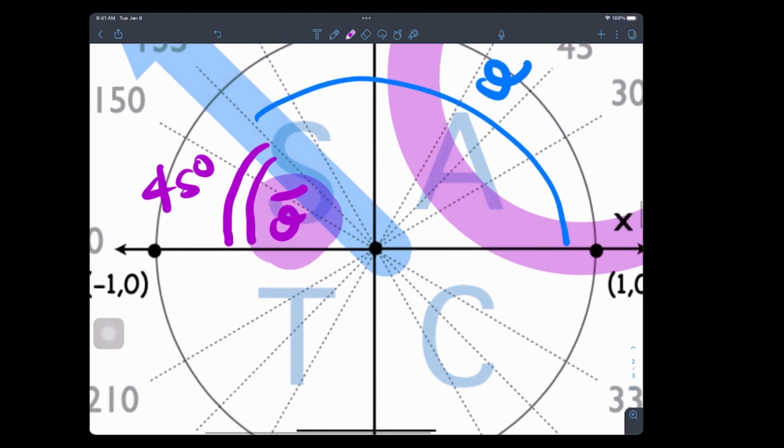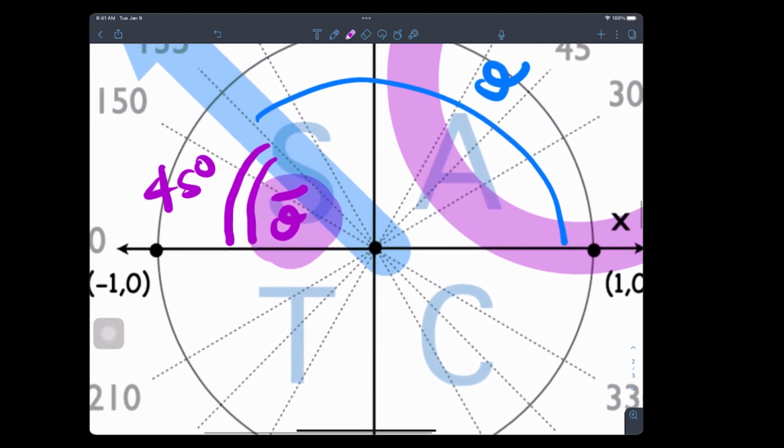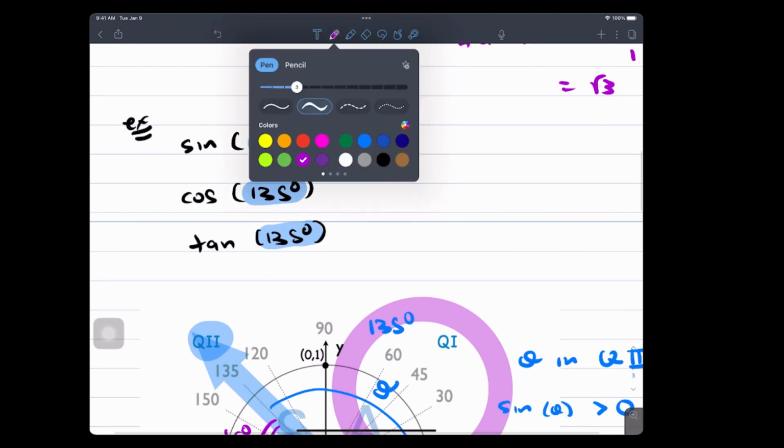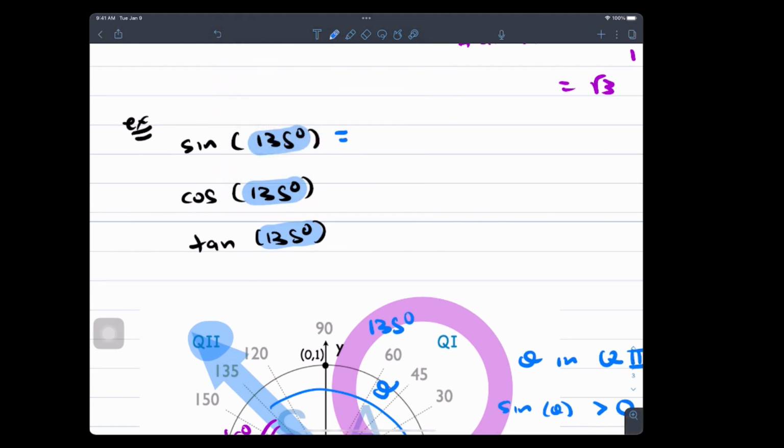Positive. The others are negative. So sine is positive: positive square root of 2 over 2. The others are negative: negative square root of 2 over 2, negative 1. There it is, ladies and gentlemen. You're done.